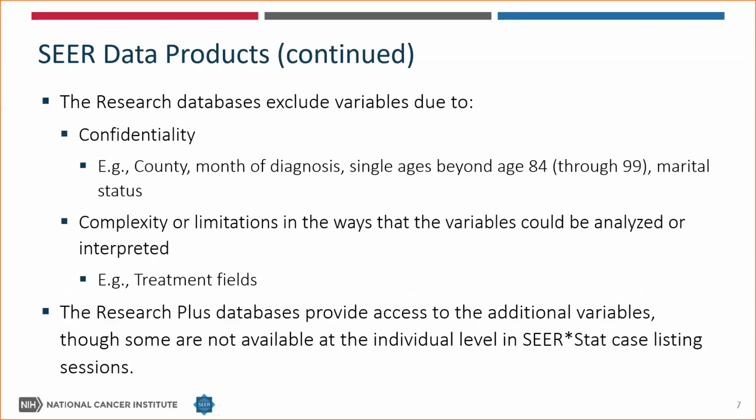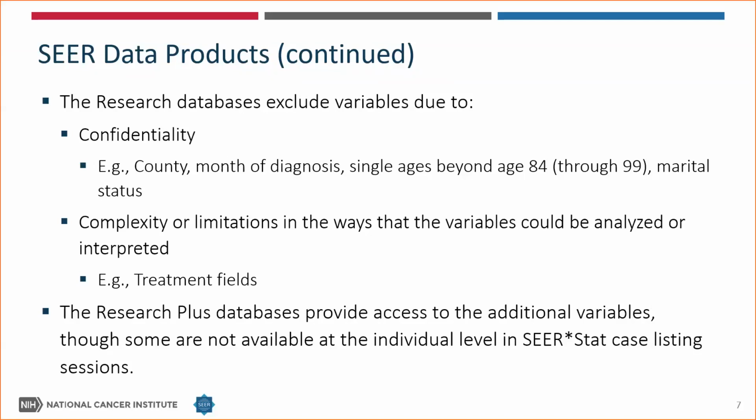In the Research Plus, we go up through age 99, which helps if you're looking at median age or things like that. Marital status is another field that could help identify an individual, so we want to be a little more restrictive. The other reason is complexity or limitations in the ways the variables could be analyzed or interpreted, such as the treatment fields, which are underreported, and it's important to really understand those.